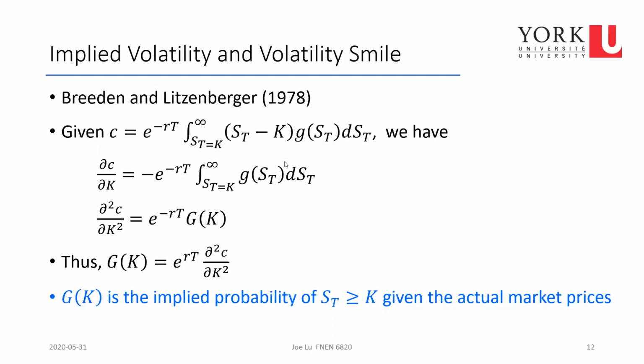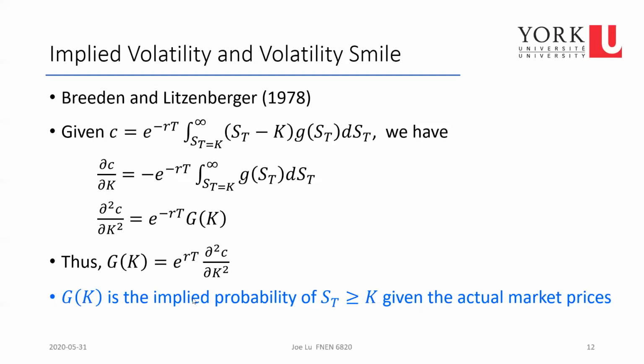And if you take the derivative over this integral here, you see that the integral itself is also a function of K, because K is the starting point. So you can take a derivative of this entire thing, which includes this integral, against K again, then you get a function of K. And this function of K is really the implied probability of the realized price being greater than K, because you're taking the integral from K and upward.